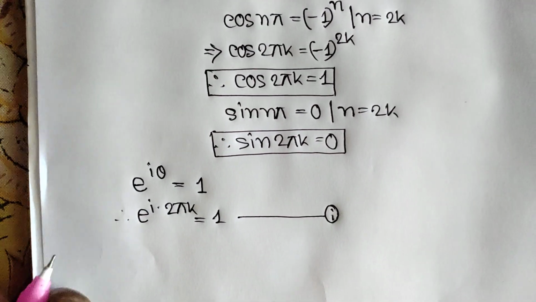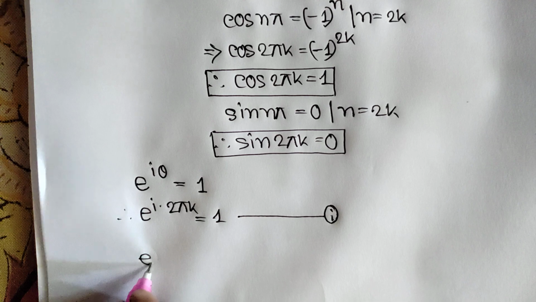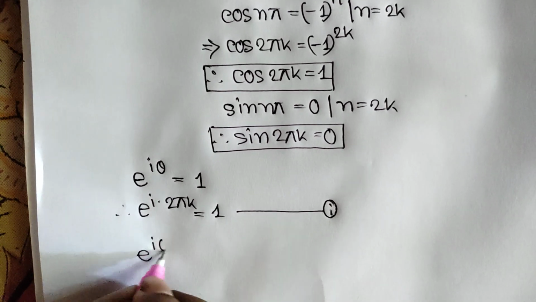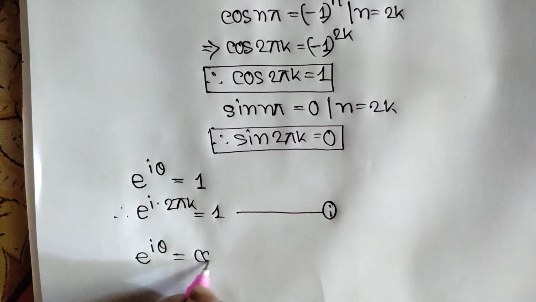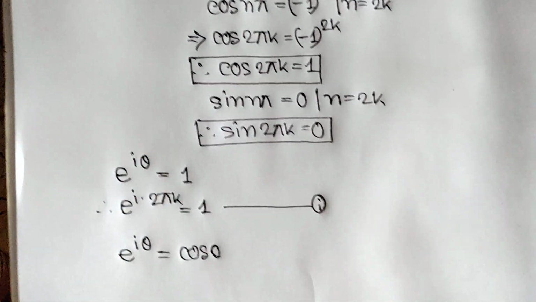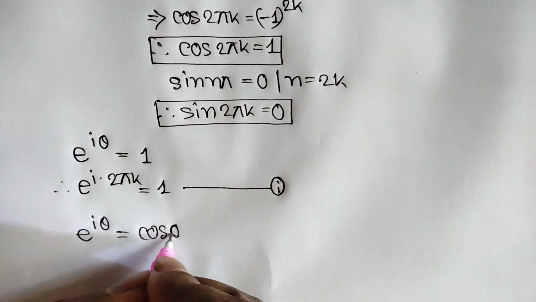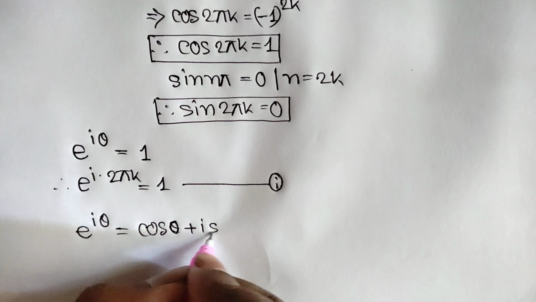Again from Euler's theory we know e to the power i theta is equal to cos theta plus i sin theta.